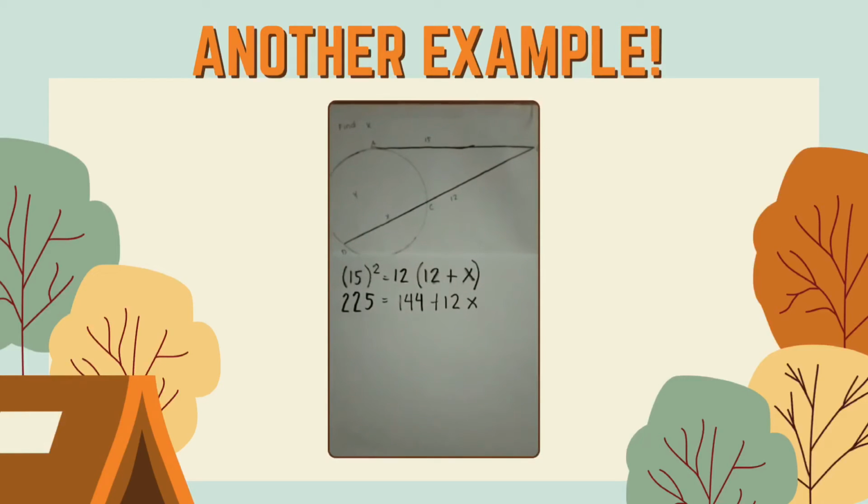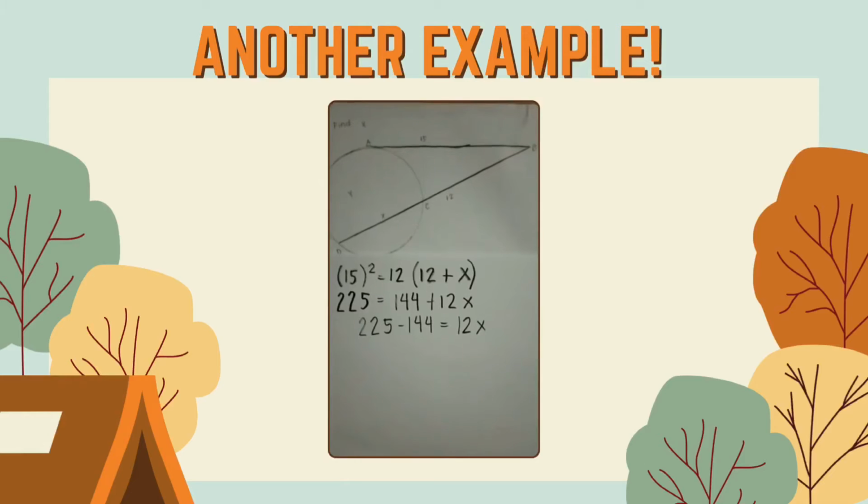Combining like terms, 225 minus 144 equals 12x. We simply transpose 144 to the other side. 225 minus 144 is equal to 81, and simply copy 12x.